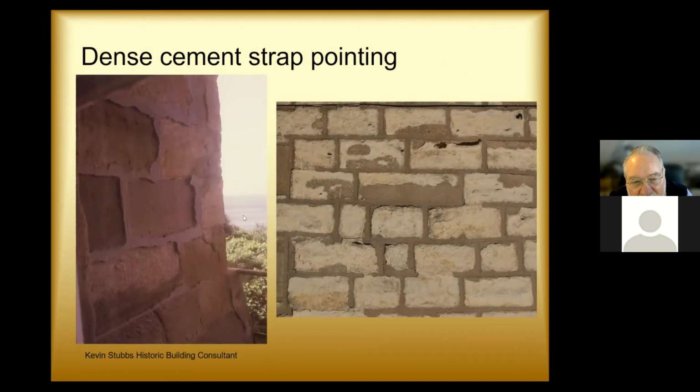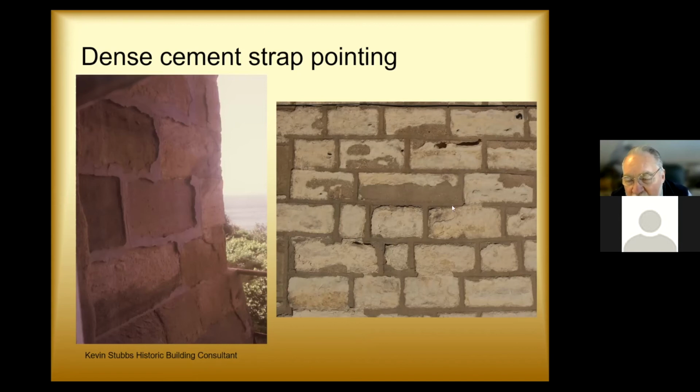And this has locked the salts into the surface, particularly the chlorides from the sea air, into the stone, and the stone's retreated. The cement's still as good as its guarantee. It's been there for at least 20 years. But it's caused the rapid deterioration of that area of stonework.